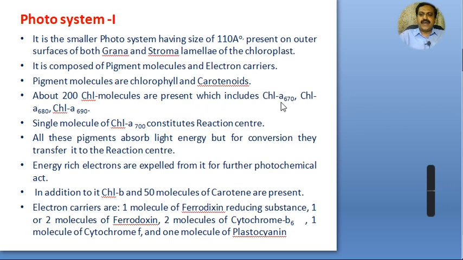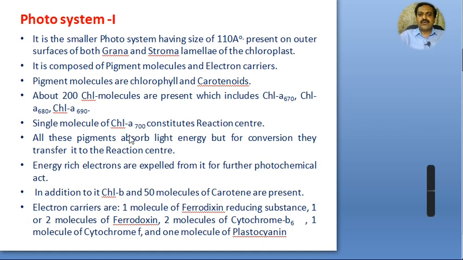which include chlorophyll a 700, chlorophyll a 680, and chlorophyll a 690, out of which a single molecule of chlorophyll a 700 constitutes the reaction center. Reaction center means that out of 200 chlorophyll molecules, all absorb light energy, but the capacity of converting that absorbed light energy into chemical energy is vested only with one particular molecule found at the center, called the reaction center.